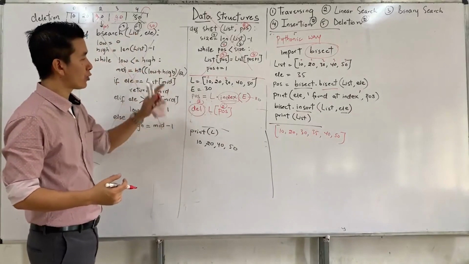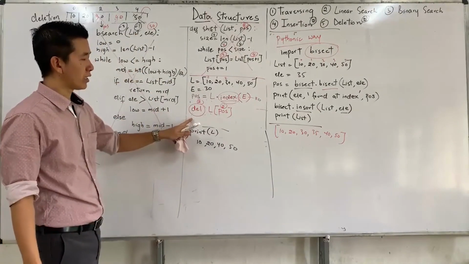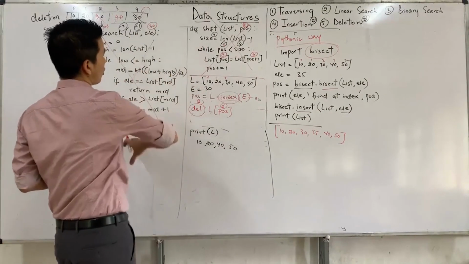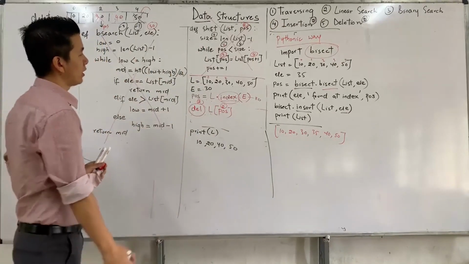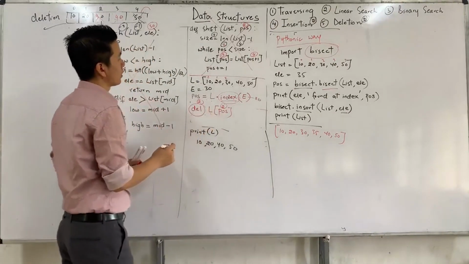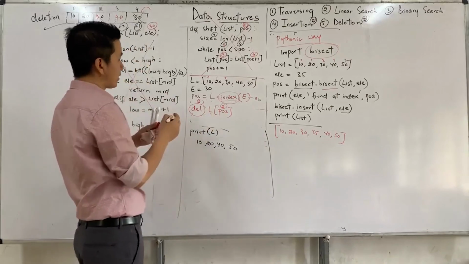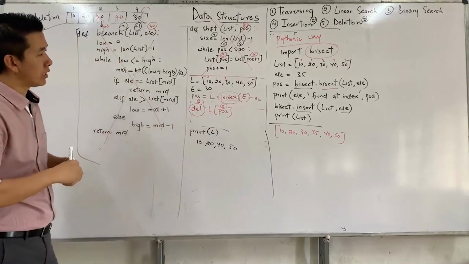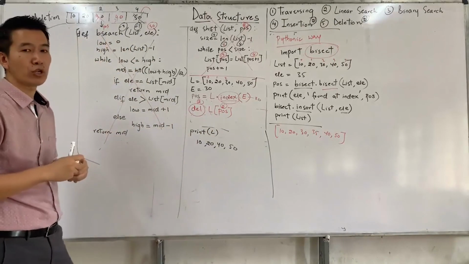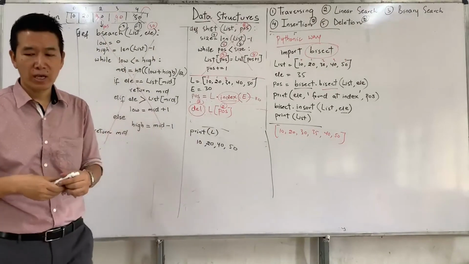So those two operations could be performed by del keyword, right? So the whole deletion process could be substituted by the index and then this. So this is how you write the program for the deletion, using the traditional approach and the Pythonic approach.